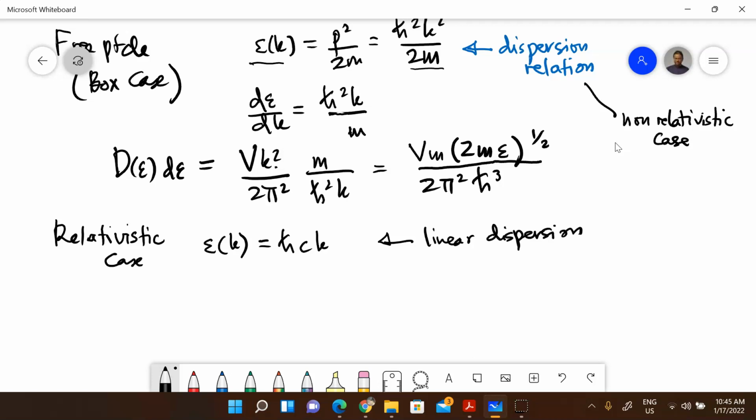So again, one can write down your d epsilon there, let me just write the answer down. 2 pi squared h bar cube. I cannot see my own notes.